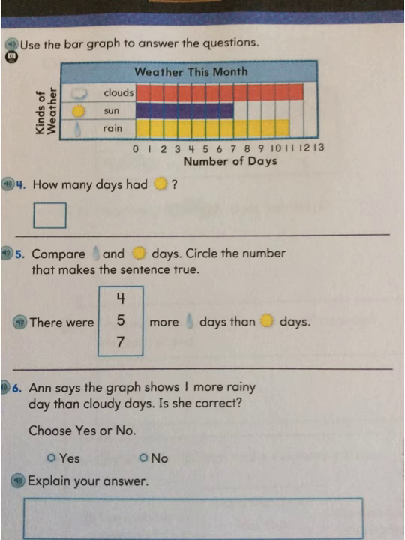All right, let's look at the top here. We're reading at the top again, use the bar graph to answer the questions. And our bar graph says weather this month. So we have clouds, we have sun, and we have rain. Our question is, how many days had sunshine?